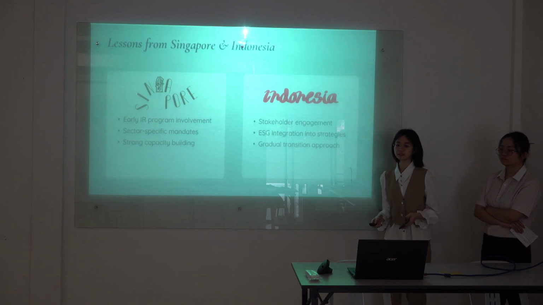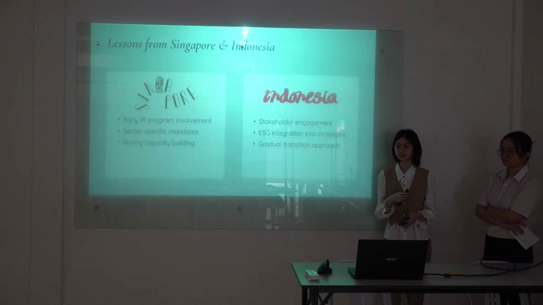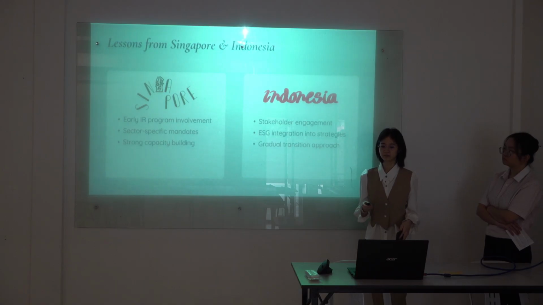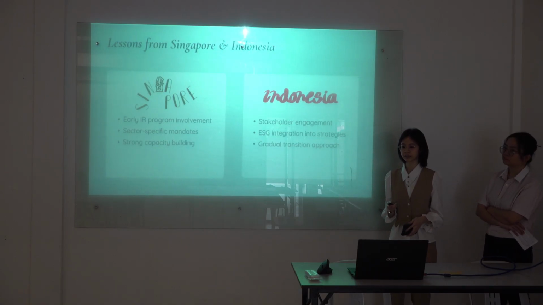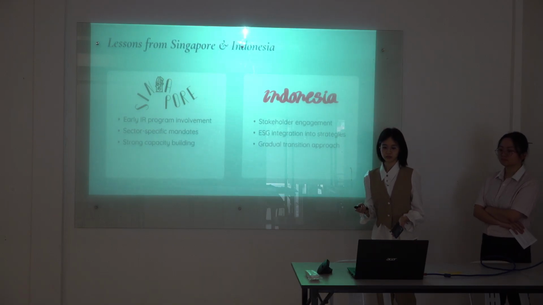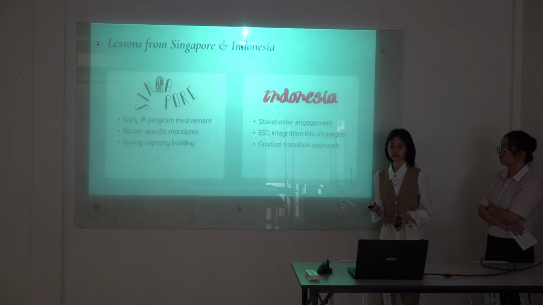There are some lessons Malaysia can gain from Singapore and Indonesia. Malaysia can learn from Singapore's early involvement in global IR initiatives, sector-specific mandates, and strong capacity building through training and guidance.